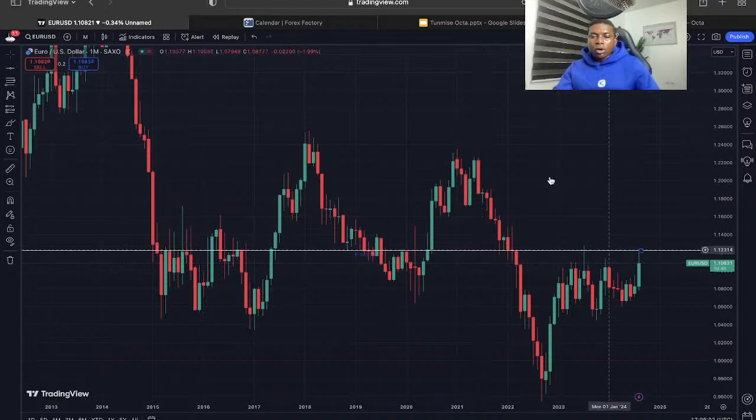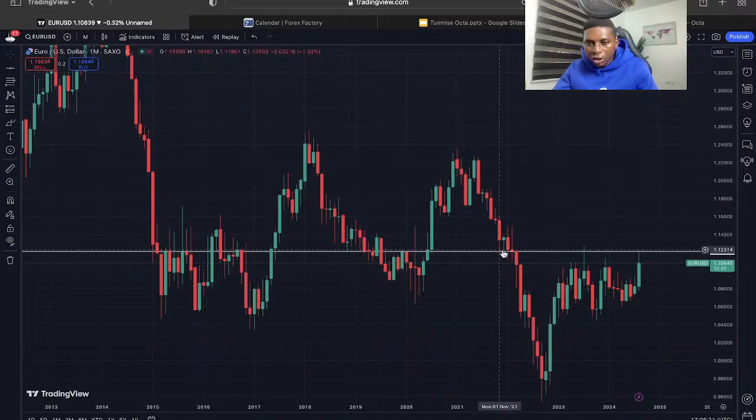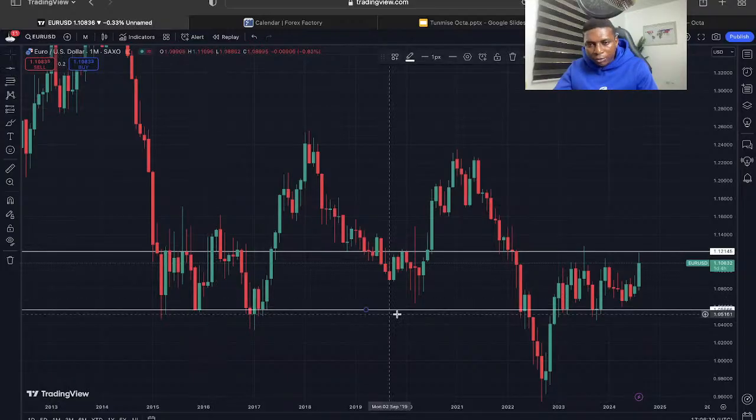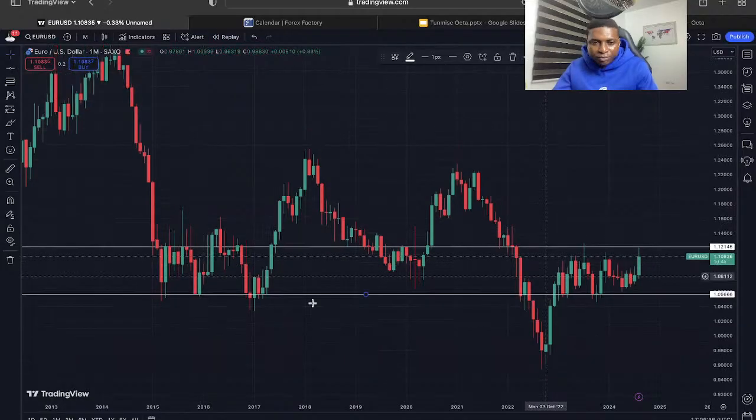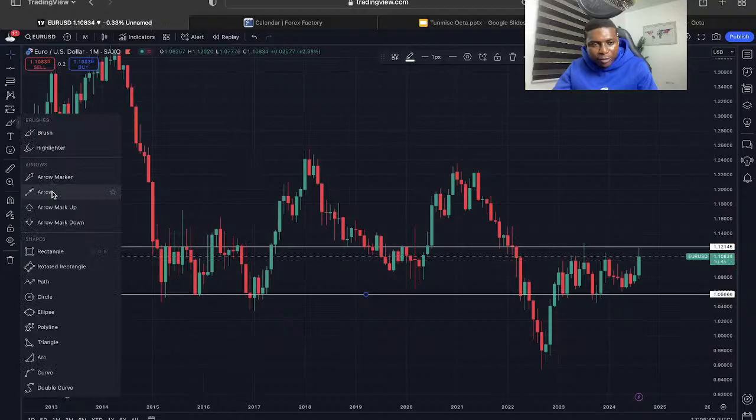Now, we can see a level where price has not been to in a very long time. We can also see that price has actually been ranging from this level here, within this box. When we look back historically, we can see that similar movement has happened before.